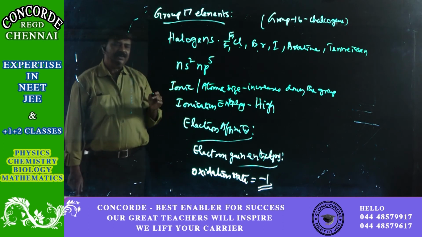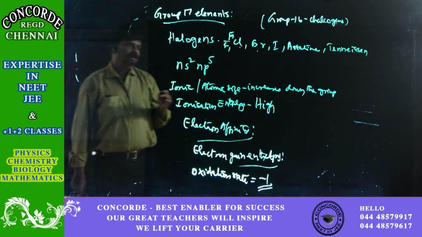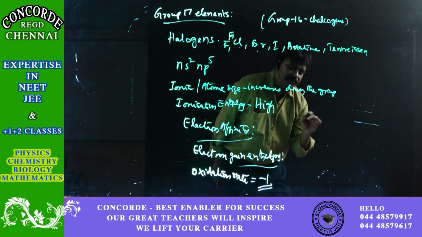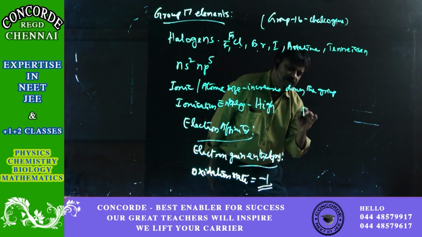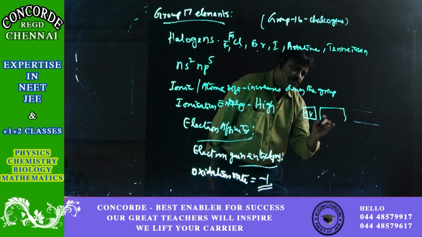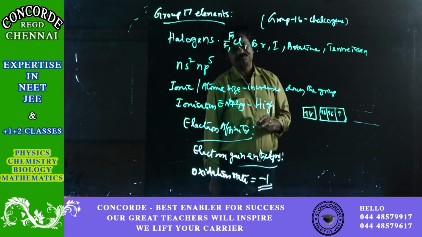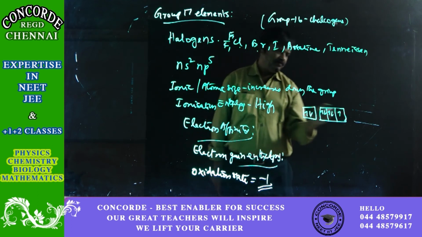So how are these oxidation states possible? If you see electronically, the configuration is ns2 np5. This is the ground state.